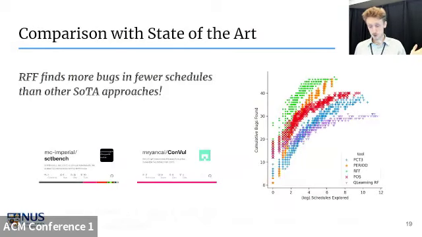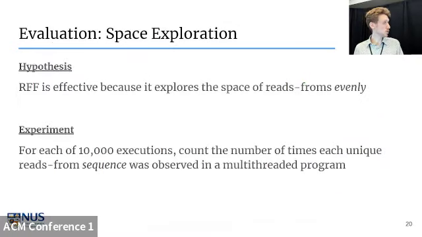For our evaluation, we compared with several other randomized concurrency testing algorithms, and we found that this approach does very, very well in comparison on a couple of widely used concurrency testing benchmarks. But maybe more interestingly, we looked at the state space exploration as a potential explanation for why our approach is so successful.